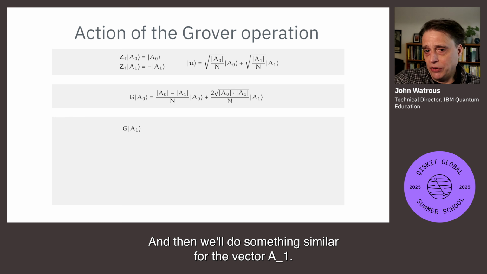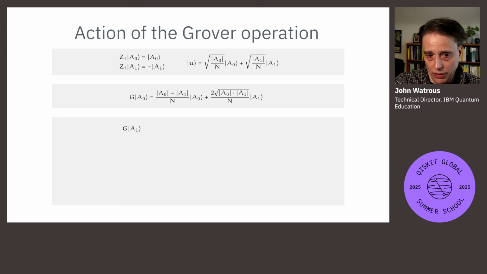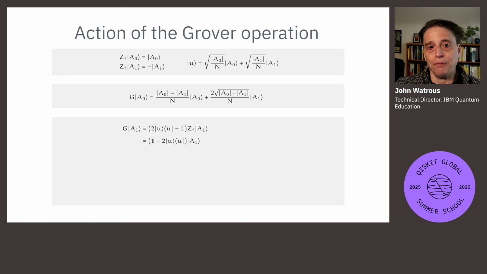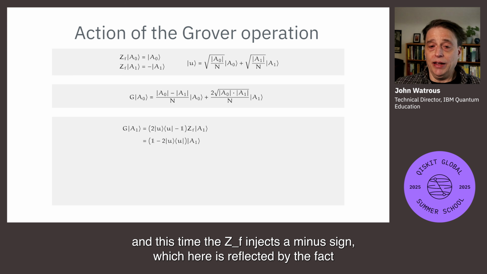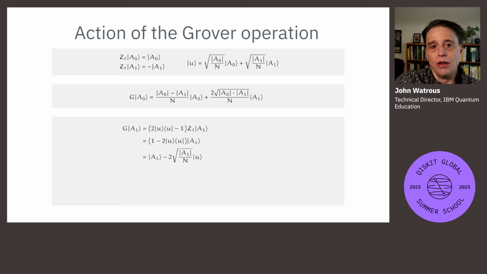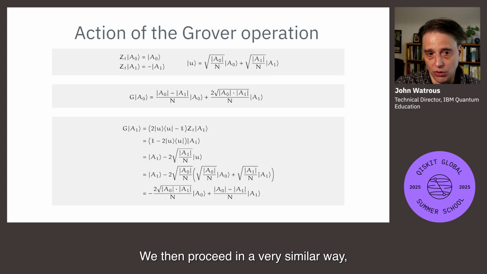And now we'll do something similar for the vector ket A1. We can use the same expression of G as before, and this time the ZF gate injects a minus sign, which here is reflected by the fact that we've swapped the two terms of the operation in parentheses. We then proceed in a very similar way.